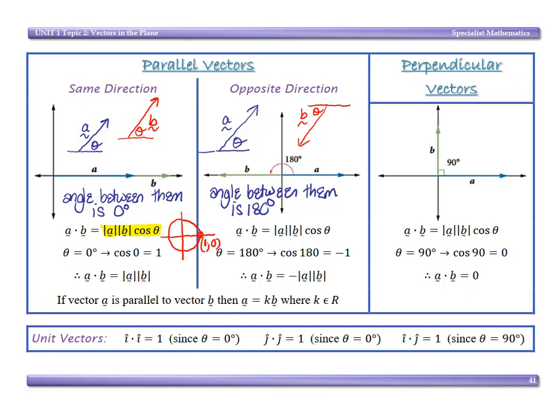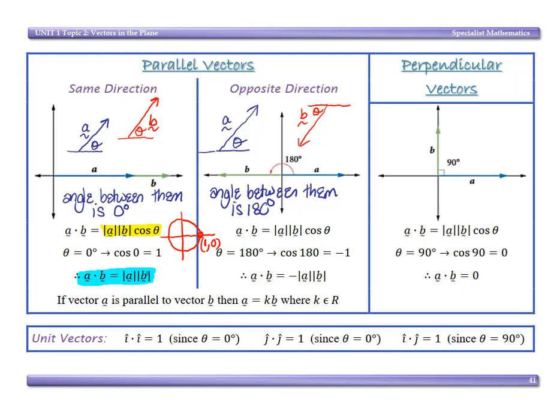So that means for parallel vectors in the same direction, my dot product is simply the magnitude of A times the magnitude of B. Okay, now this helps because we might get asked, are these vectors parallel? So if we work out that the dot product is the same as the magnitude of A times the magnitude of B, then we can say they're parallel vectors.